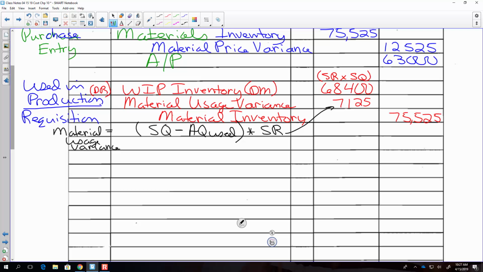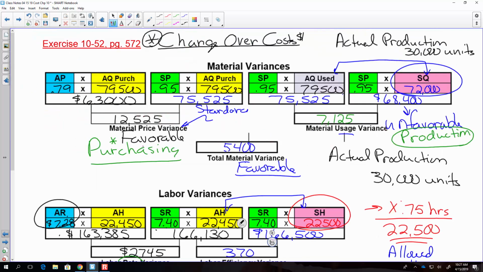Does this make sense? If I looked at my template, I'm taking the difference, used SQ, times the standard price or rate. That's how I get my usage variance. So just use the template, the letters are there to get that formula.